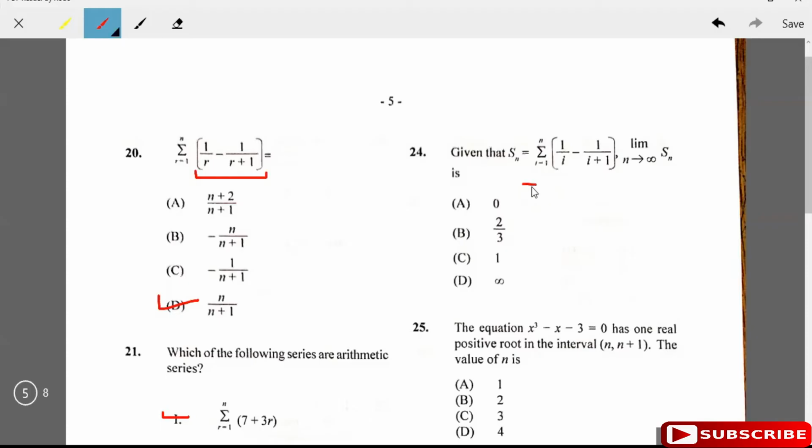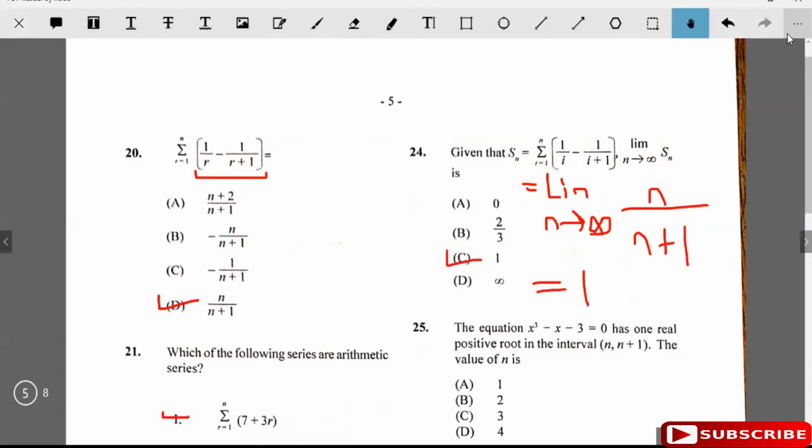So all you're asking us for is the limit as n goes to infinity, which works out to be n over n plus 1. And the limit of n over n plus 1 is 1. Easy.